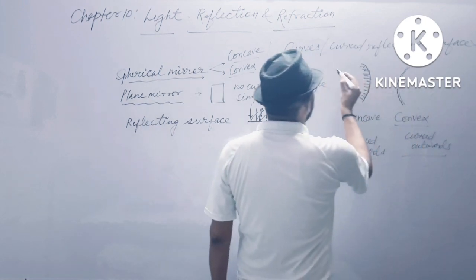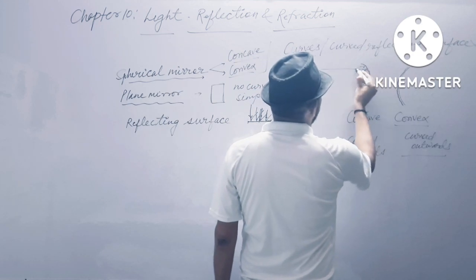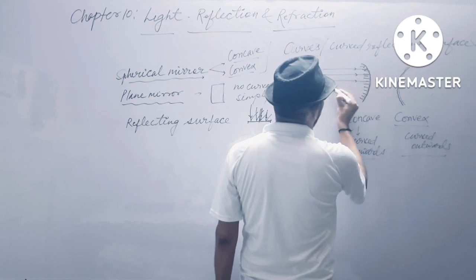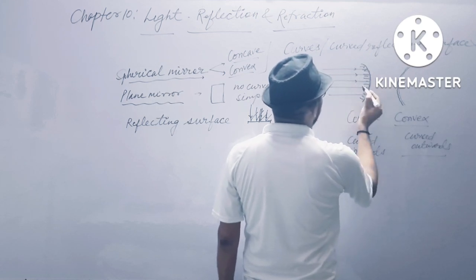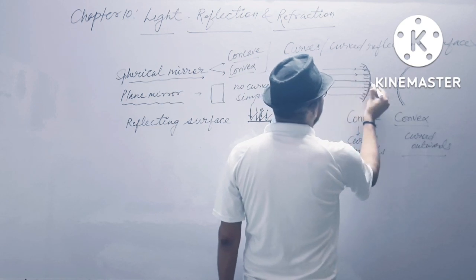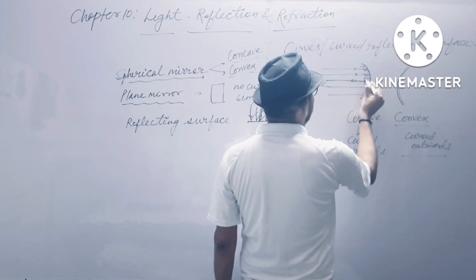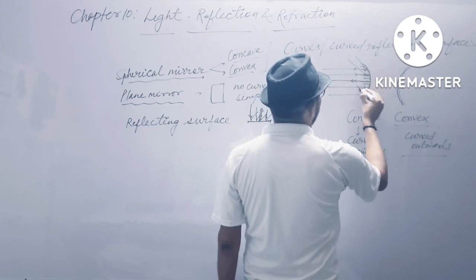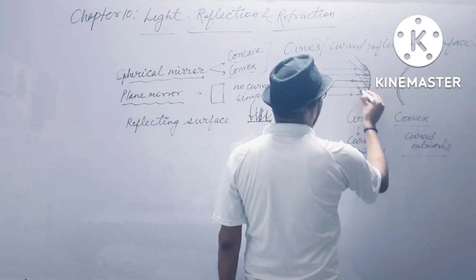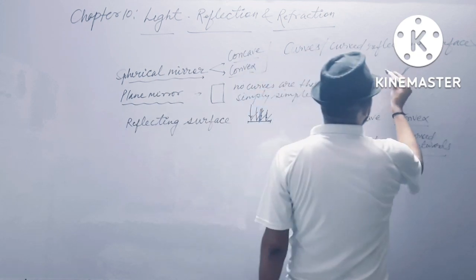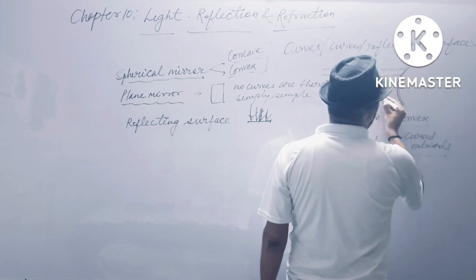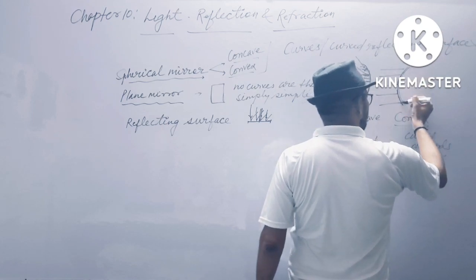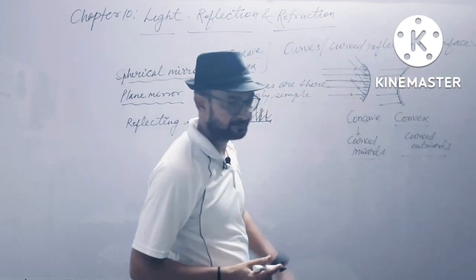In this case, the rays will be reflected here inside. You fall here and you reflect again here. And in this case, rays will fall here because this area is the reflecting surface.